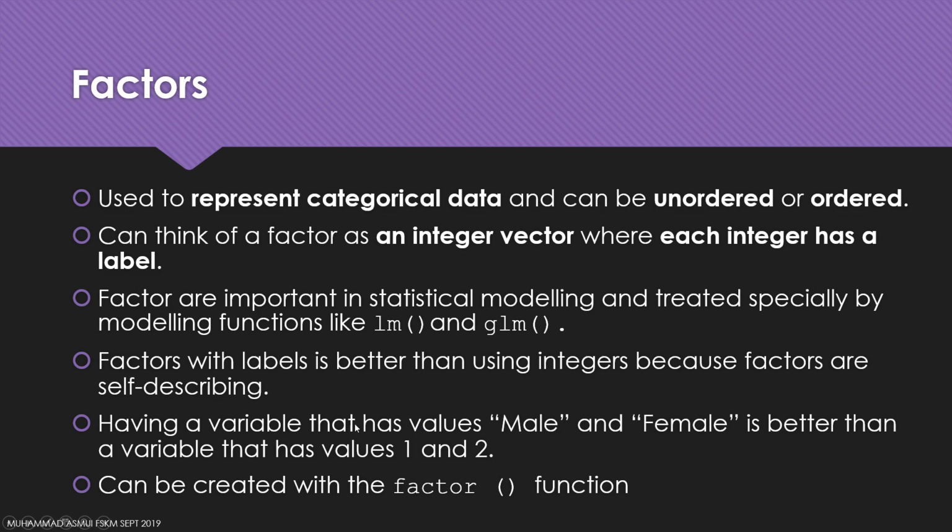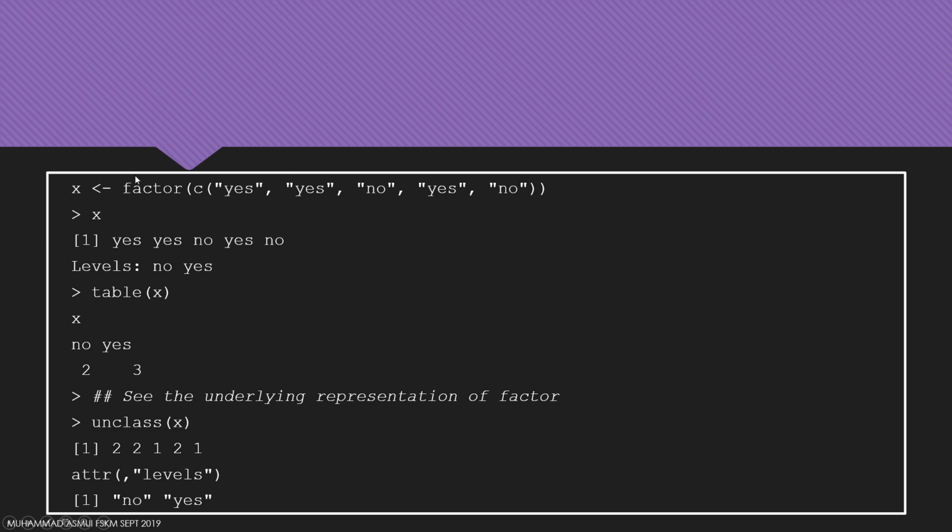We can create it by using the factor function. Suppose this is a group of answers, yes or no. So we create a factor, and remember that by default, R will assign the levels following alphabetical order.